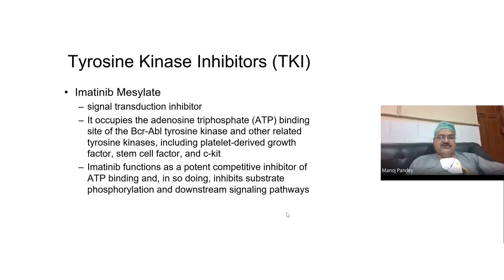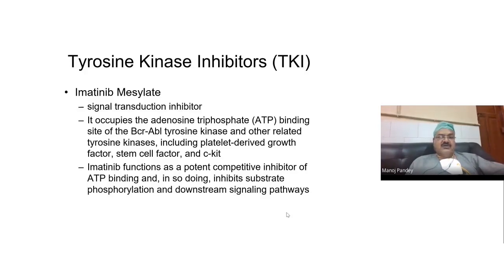There is a new class of compounds which are not actually cytotoxic but cytostatic. They are called tyrosine kinase inhibitors. Tyrosine kinase is an enzyme which is basically required for the cell cycle to complete. And these compounds are classified according to which tyrosine kinase they inhibit.